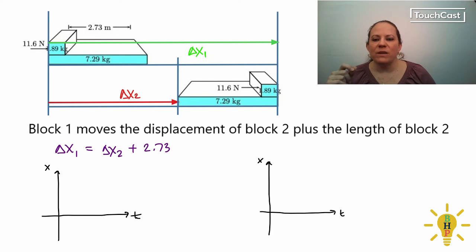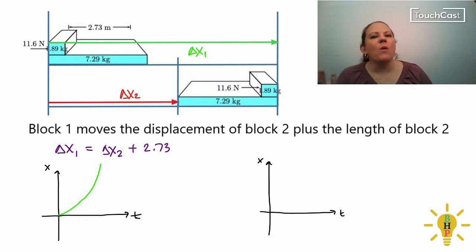I might show the acceleration of my small block as a top opening parabola that's fairly steep. I actually didn't quite get that as open as I wanted to. It's a little bit too steep at the start, but that's okay. So I'm now going to know that my larger block's acceleration is less, and I need to figure out what would a position time graph for this look like.